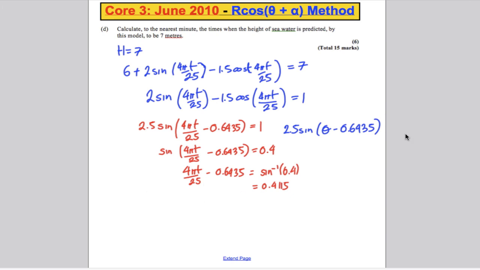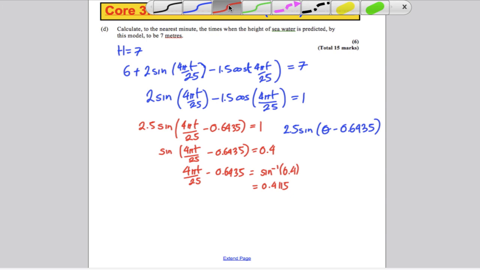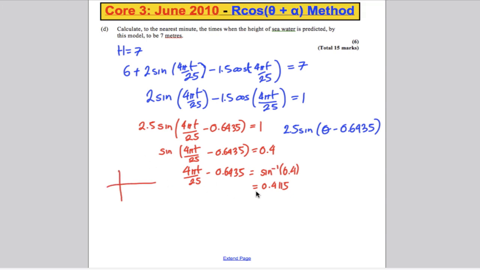Okay, therefore, let's draw out our sine graph. We're dealing with a sine graph here. Our sine graph looks something as follows. I know that one answer is 0.41, and there'll be another answer that's pi minus 0.41. So the other answer would be pi subtract 0.4115, which would be equal to 2.73. Okay, therefore I need to find t in each of these cases.